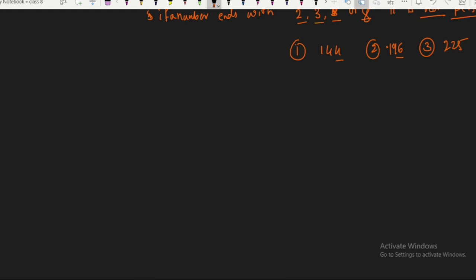Okay, the unit place of a number and the unit place of its square.